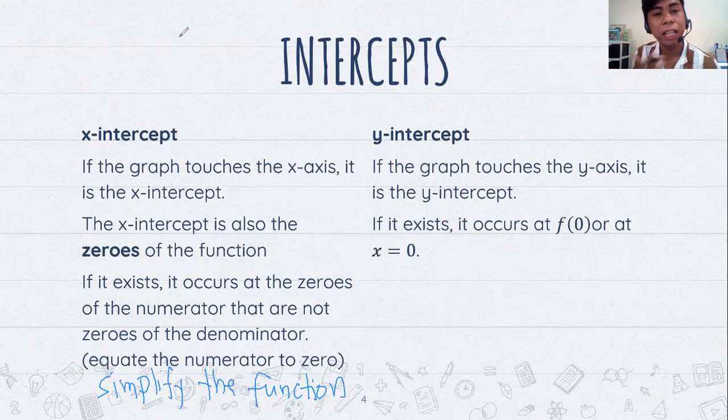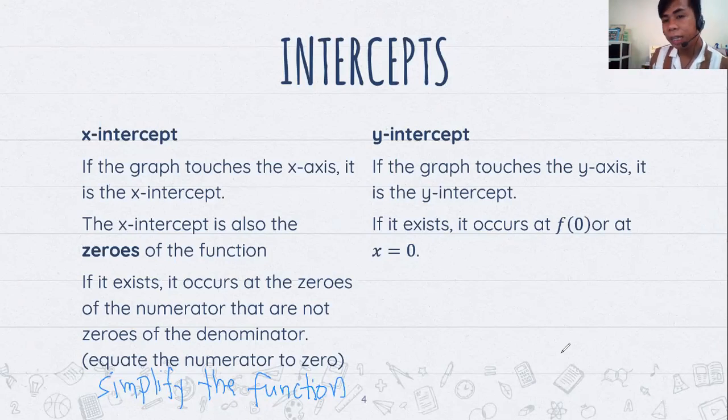So mamaya gagawin natin siya with the following examples na meron tayo. And then we have what do we call the y-intercept. Of course, the x-intercept is... yung y-intercept is actually not really the opposite but the counterpart of the x-intercept, kapag sa y-axis naman nag-touch yung ating graph.